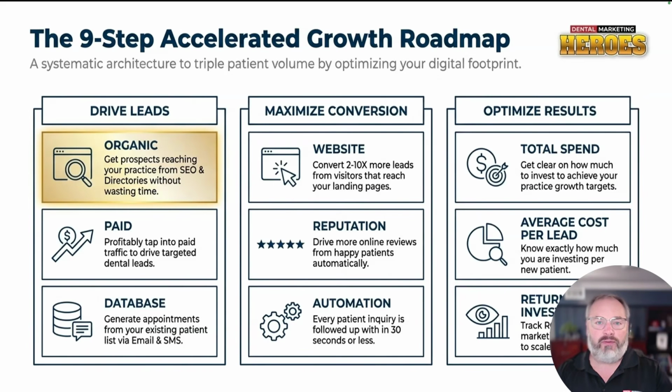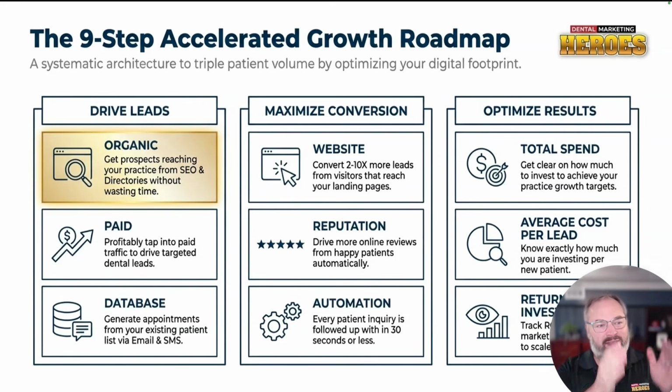We'll start with driving leads, then move over to maximizing conversion, because you can drive as many leads as you want, but if you're actually not converting those leads into patients, then you're not actually fulfilling your roadmap, right? You're not filling your funnel properly. Then we're going to move from maximizing conversions over to optimizing results.